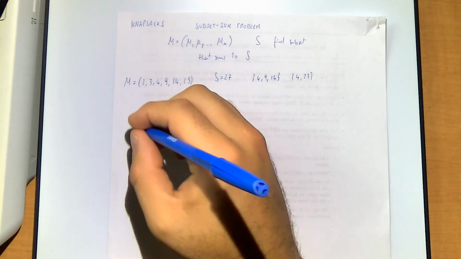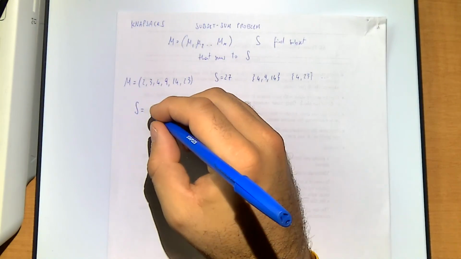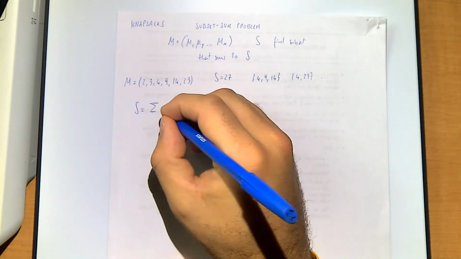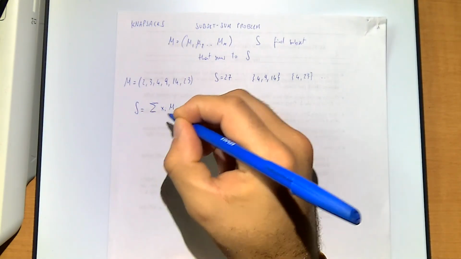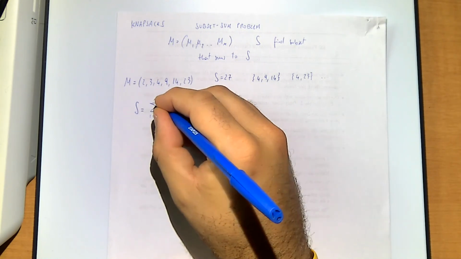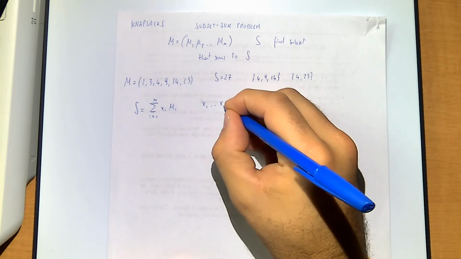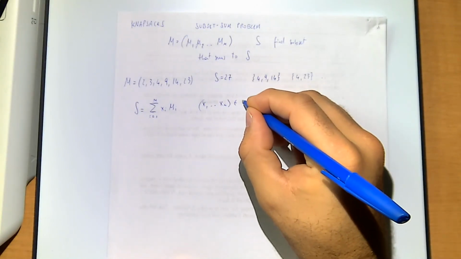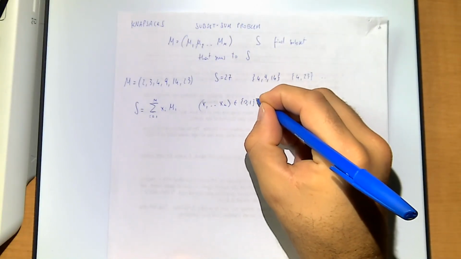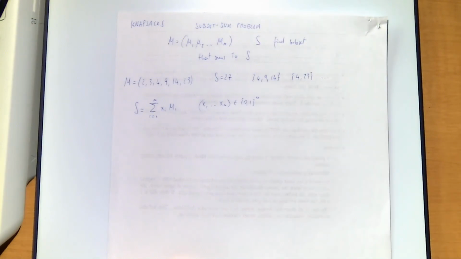In other words, I'm looking for S to be a solution of this equation here, the sum over i going from 1 to n, where the vector x1, ..., xn is binary. Because I'm not taking multiples, I'm just either taking the number or not taking the number.